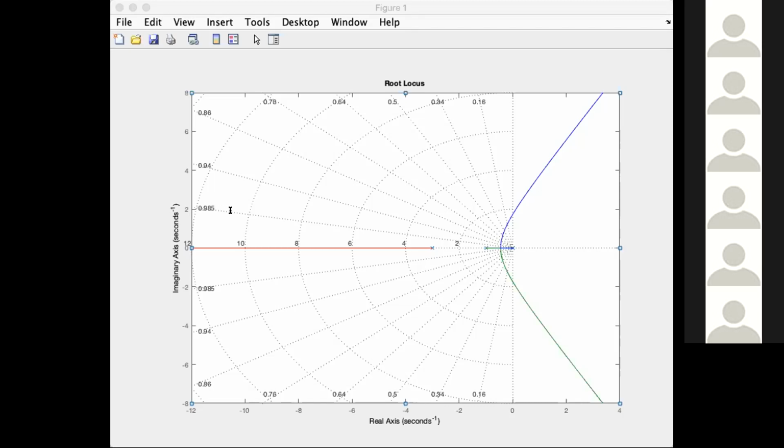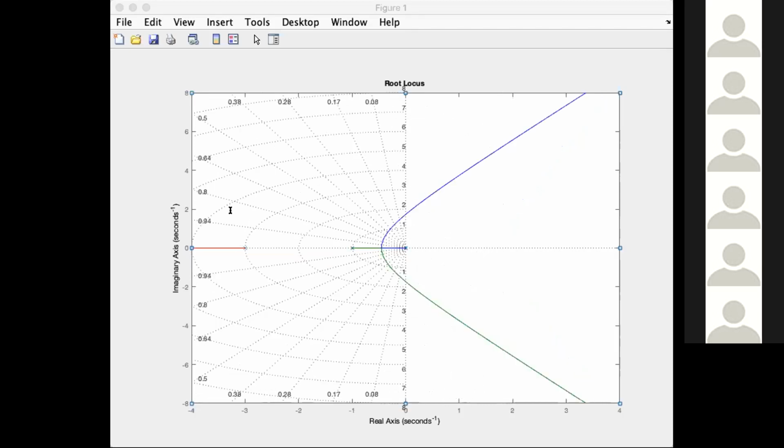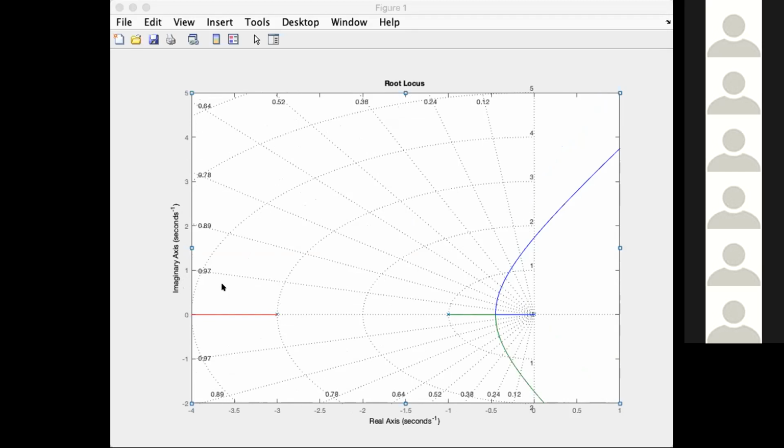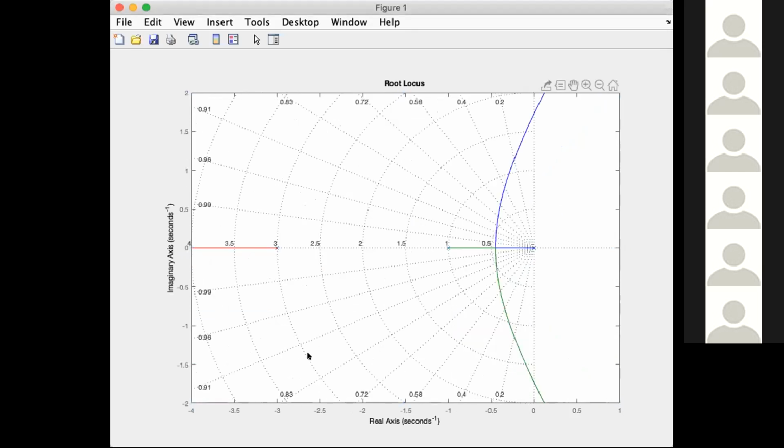Then this one I make it 1, and this one I choose maybe 2, so that you can see clearly. Then we want to see this point where Kc is the critical gain. Critical gain is when the real part is 0.